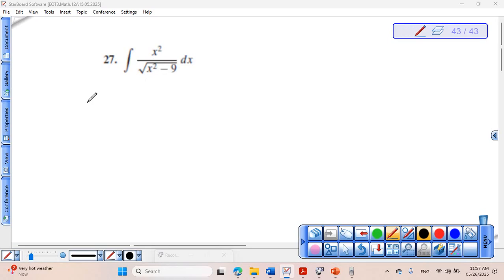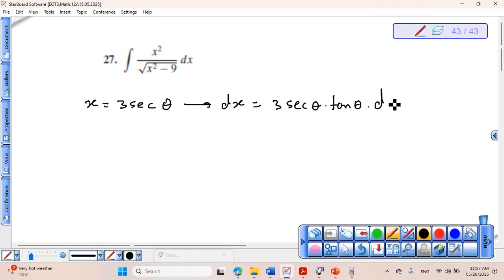We can write x equals 3 sec theta, then dx equals 3 sec theta tan theta d theta. Just substitute x squared, which equals 9 sec squared theta, in the integral.